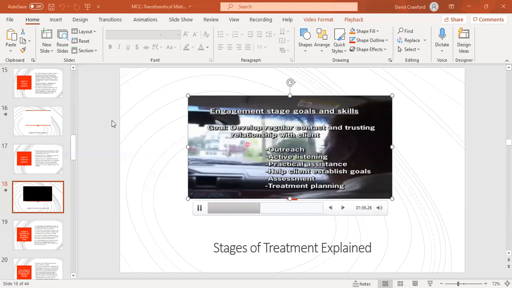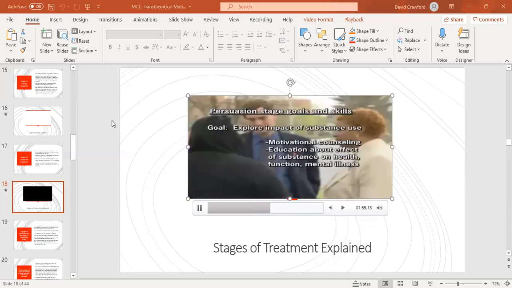In this stage, clinicians begin to assess the client's substance use disorder. Later in this video, we will discuss engagement and assessment strategies and show you examples of several types of assessments. Treatment planning may occur in this and later stages. You can read about treatment planning in your workbook. In the persuasion stage, clinicians help clients explore the impact of substance use on their attempts to work towards their own personal goals.